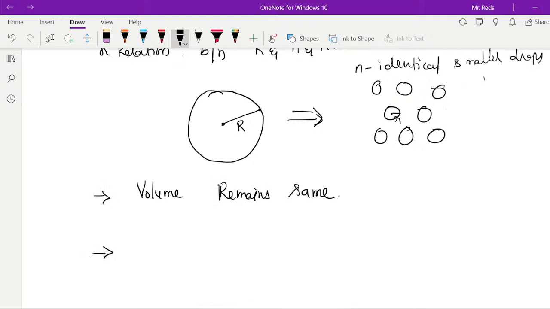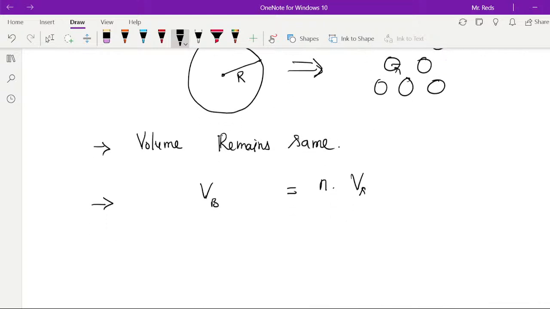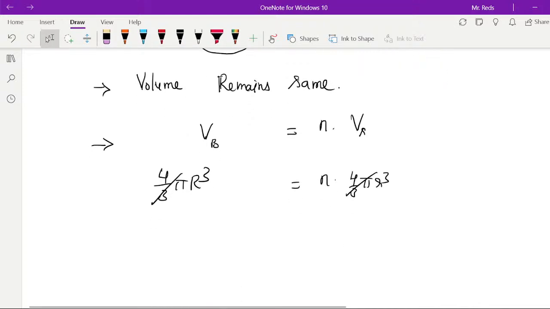So what does it mean? The volume of the bigger drop should be equal to the volume of each smaller drop into the number of smaller drops. So the volume of the bigger drop, 4 by 3 pi R cube, is equal to n into the volume of each small drop, 4 by 3 pi into small r cube. 4 by 3 pi gets cancelled, and you will get capital R cube is equal to n into small r cube.